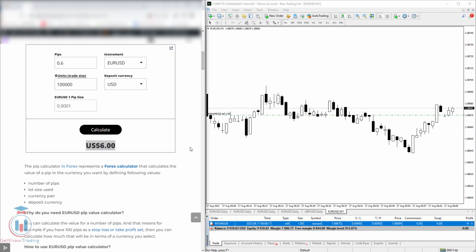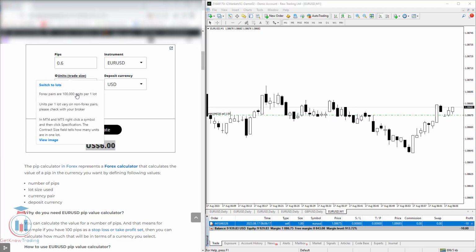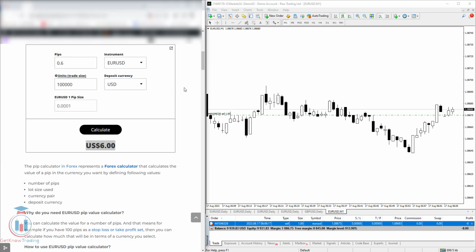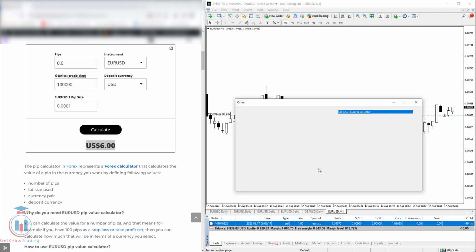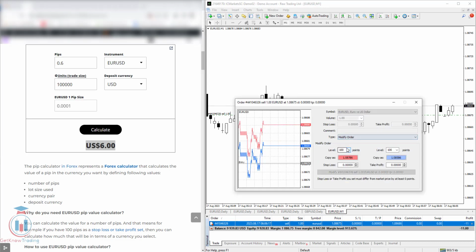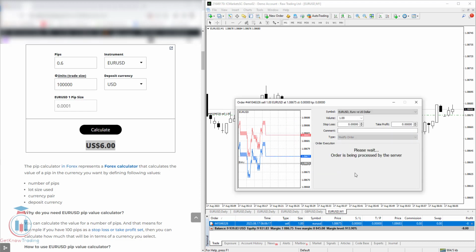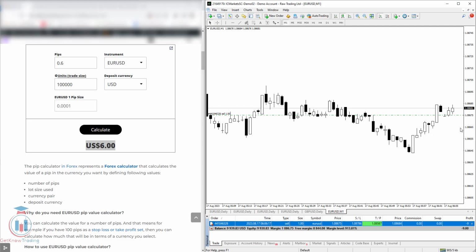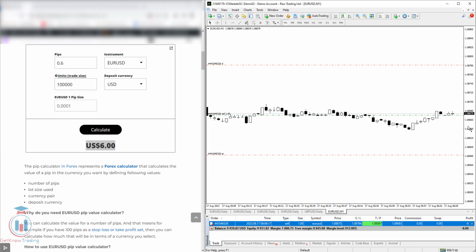This way you can use this Pip value calculator for the EURUSD to calculate how much of money you could make or lose on this trade. For example, if I change this trade and put stop loss and take profit equal to 100 units, that means 10 pips, I will click modify and you can see these lines here.